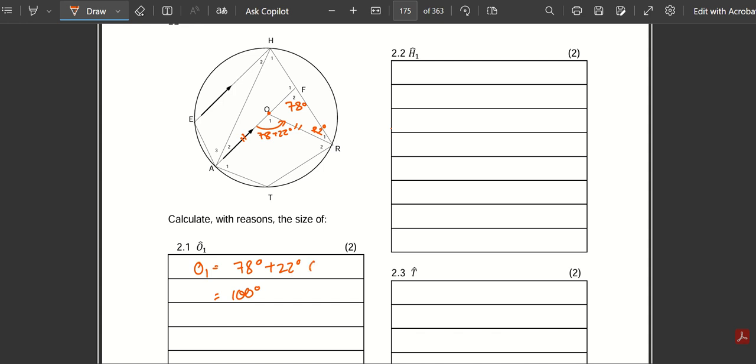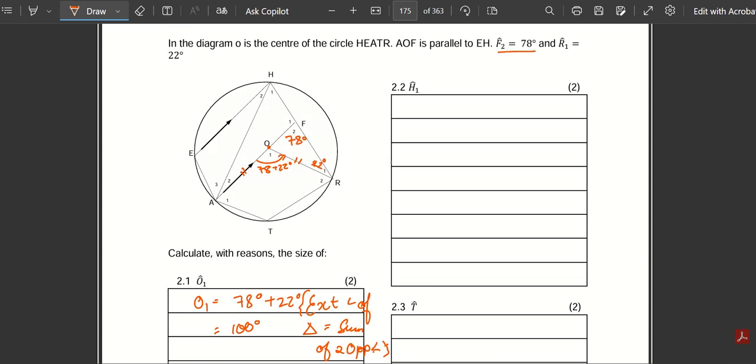And my reasoning there is the exterior angle of a triangle is equals to the sum of the two opposite interior angles. You don't have to write out the whole reason, but you can learn there are abbreviations for all of these. Then H1 is the one right there. So if this is, what did we say? This one is 100 degrees. The total there is 100.